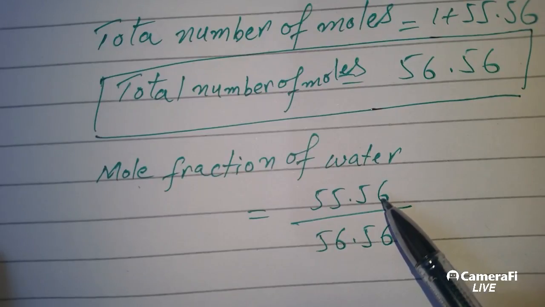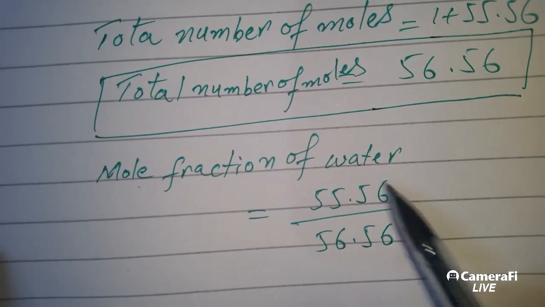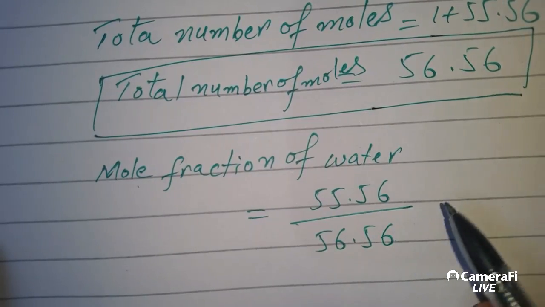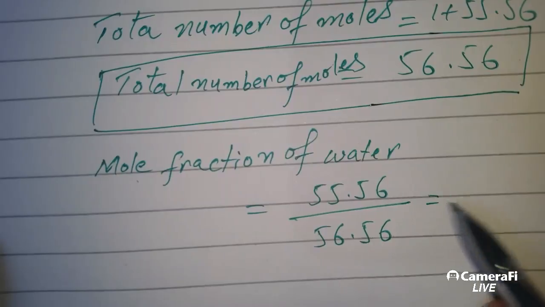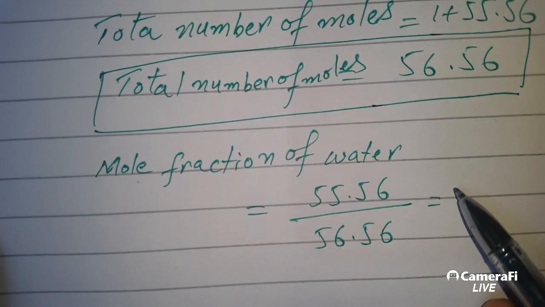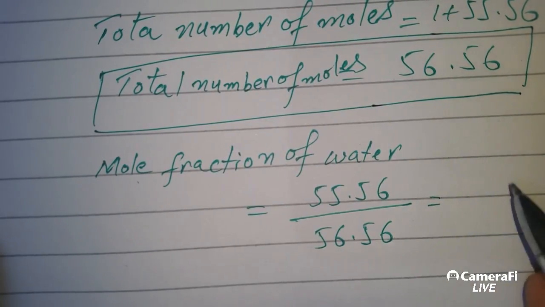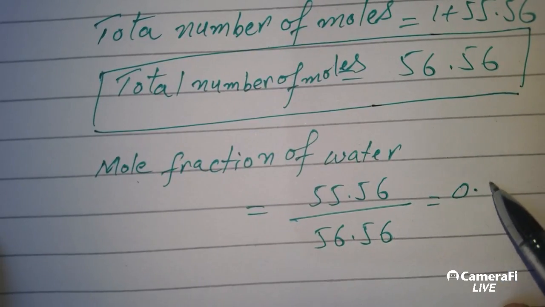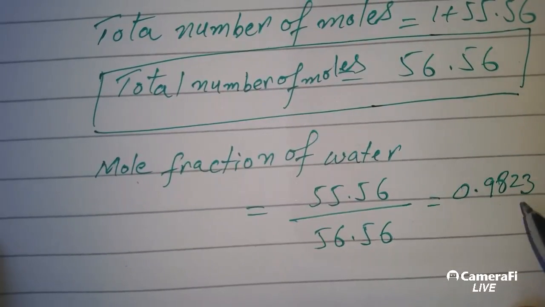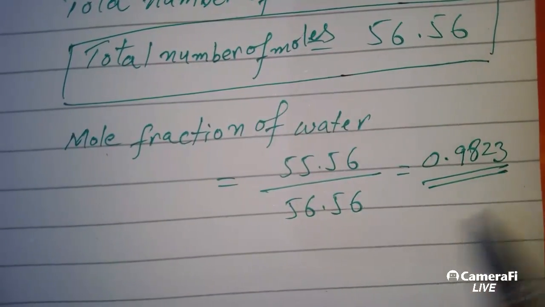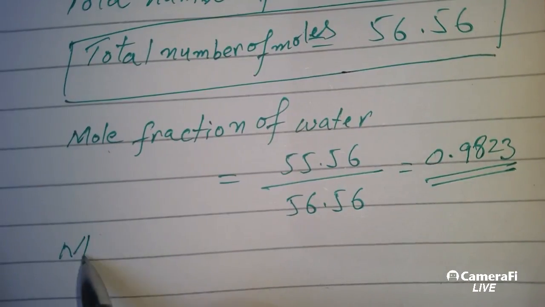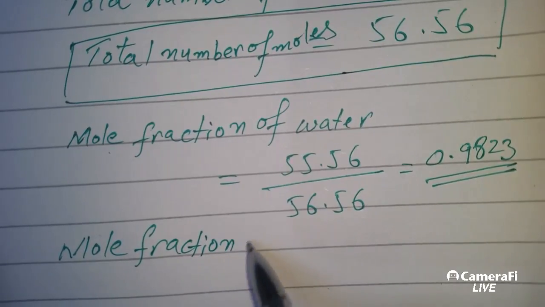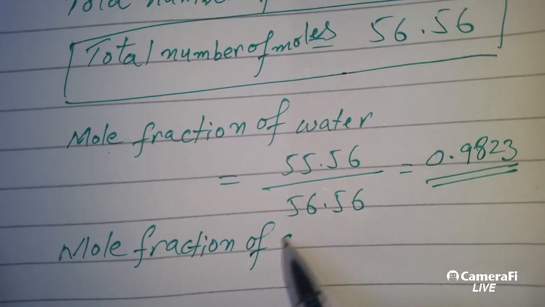The moles of water over total moles. So the answer to our problem, with the help of a calculator, we find it as 0.9823. Similarly, we can find the mole fraction of sucrose.